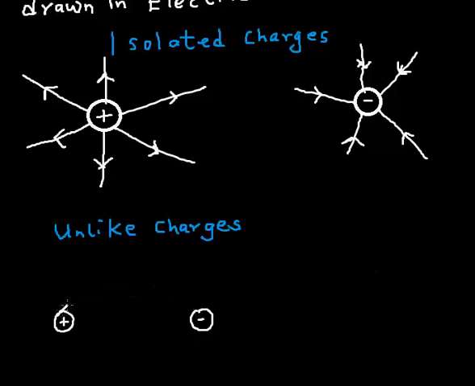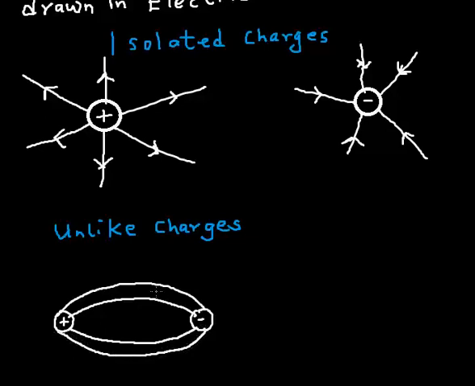The line goes this way, it's curved. I will draw the arrow at the center. Why? Because the direction of the force is always from the positive to the negative, and the force is tangential. So the direction of the force is pointing towards the negative. Please take note of that.